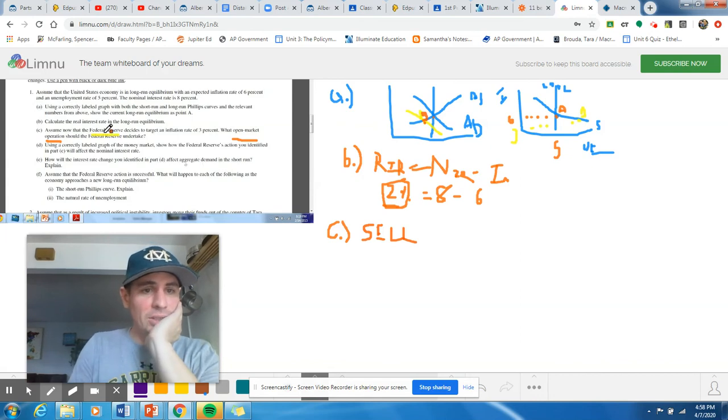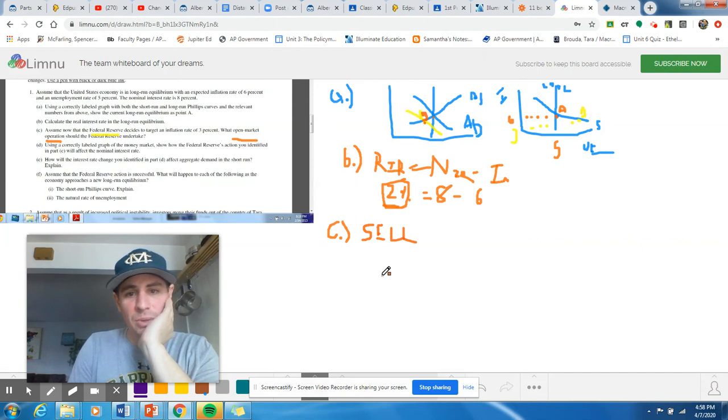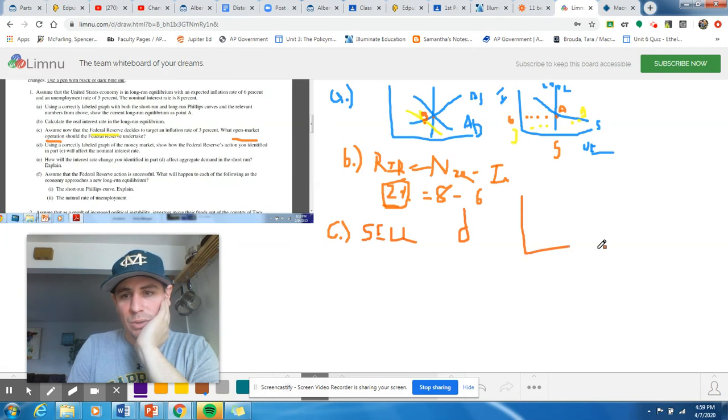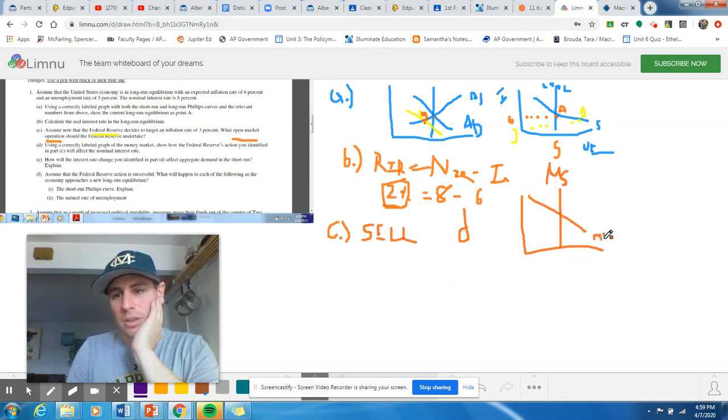Using a correctly labeled graph of the money market, show what happens to nominal interest rates. So I'm going to do it here, D. In my money market, I've got the money supply curve. It's vertical. This is the money demand curve.